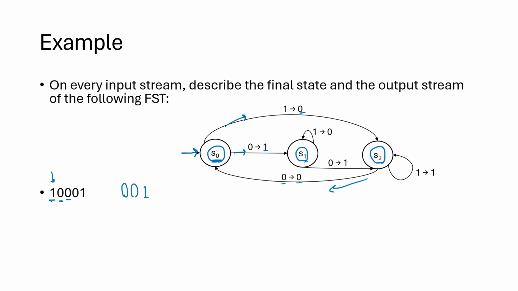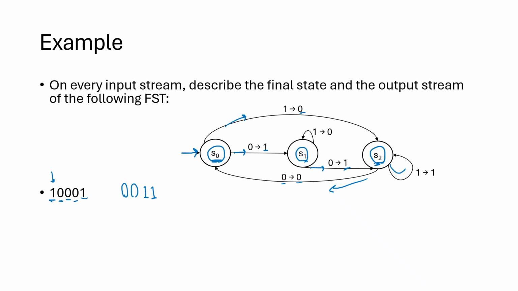So now my current state is S1, and I am ready to read the next symbol, which is another 0, and this time I'm at S1. So this edge here tells me that I need to output a 1 and transition to S2. So now we are at S2, ready to read the next input symbol, which is the final symbol, and that's a 1.